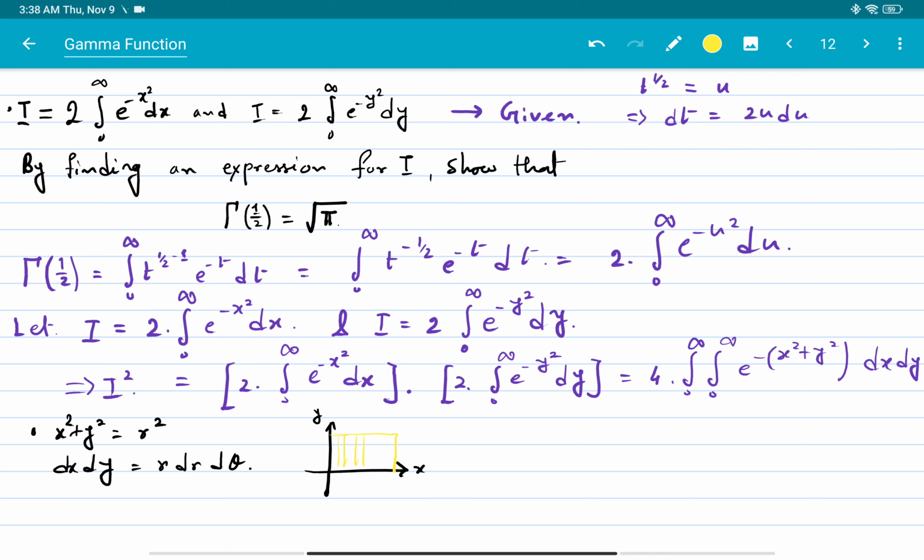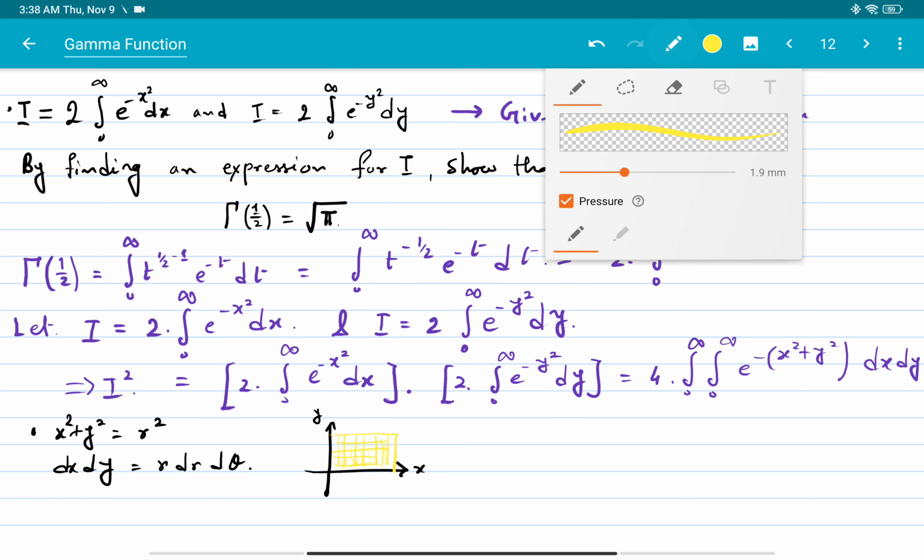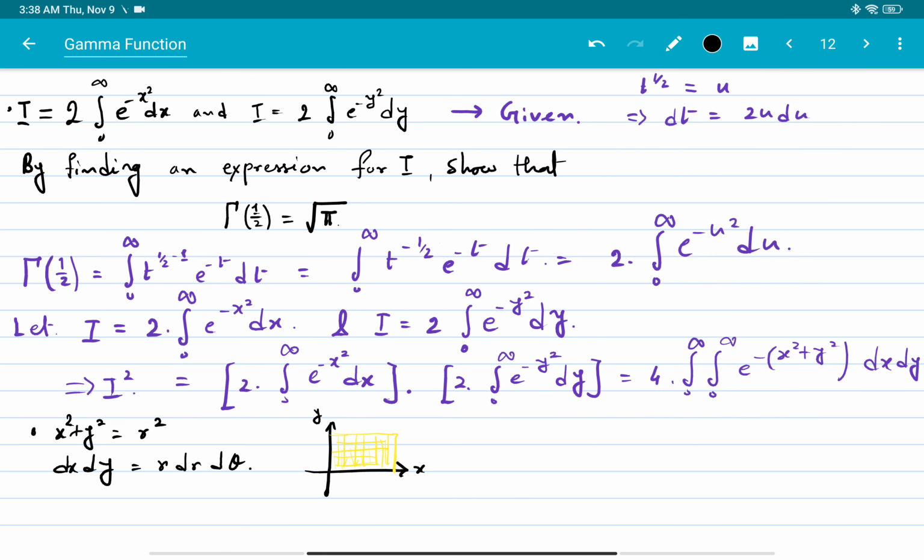So this entire region, we'll change our coordinates. This is 0, 0, and this is our range of x and y.